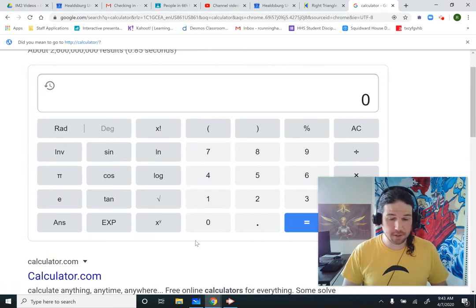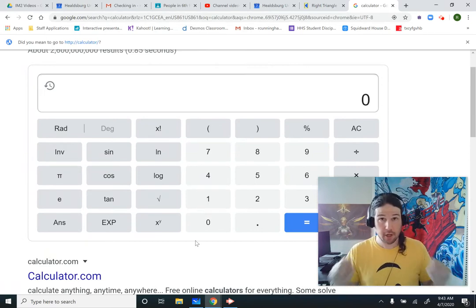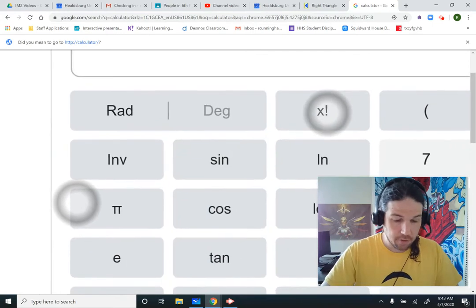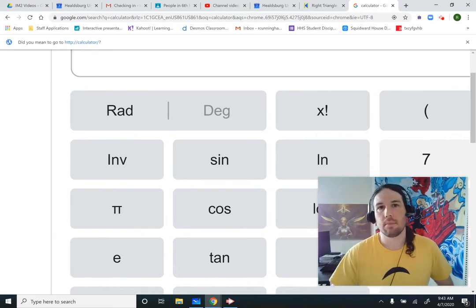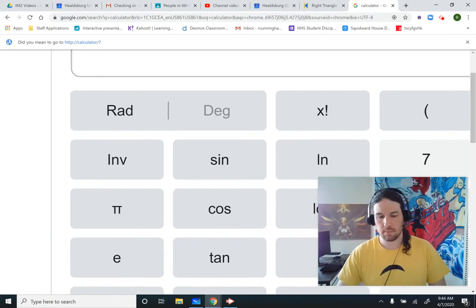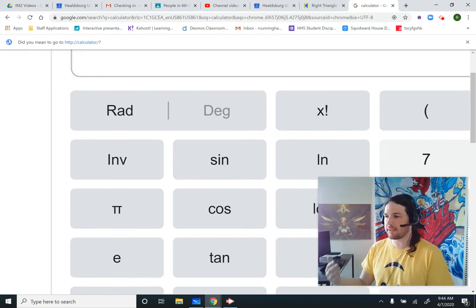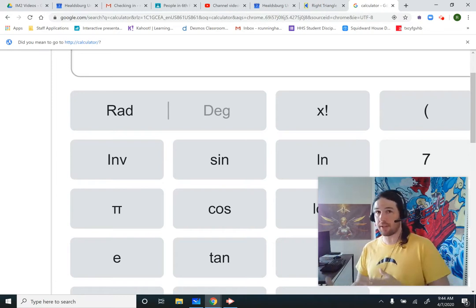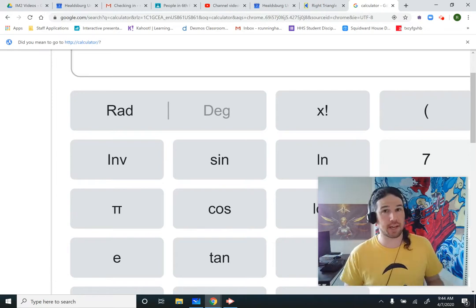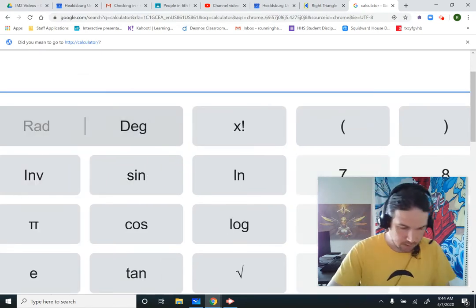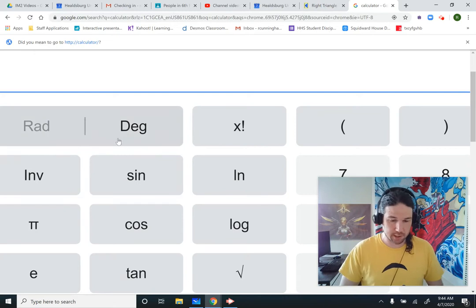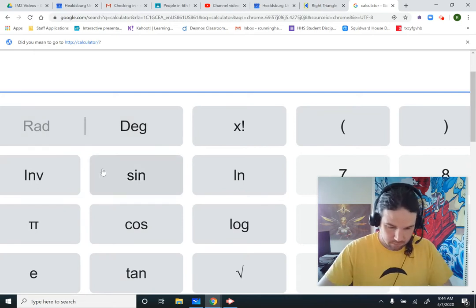Now, first things first, very important that we remember this and check on your own calculator. The Google calculator defaults to radians, okay? Because in later math, radians become much more useful than degrees, so it's kind of assumed that you're working in radians unless you specifically say degrees. So we're going to specifically say degrees. See how degrees is now solid and radians is now gray? That means we're in degrees.